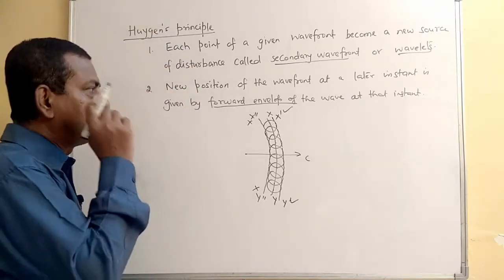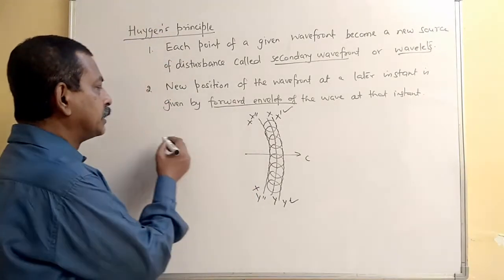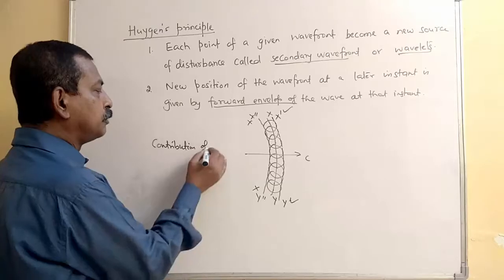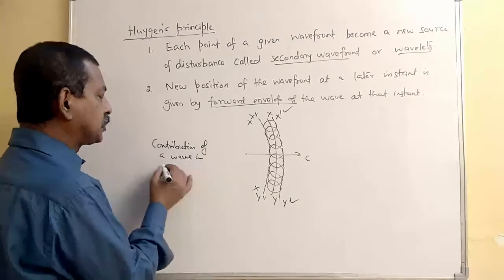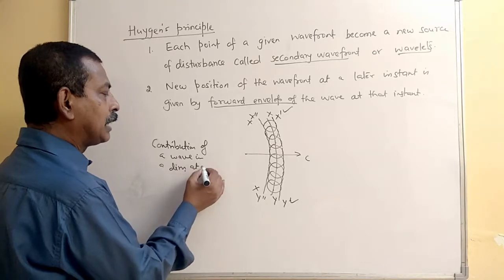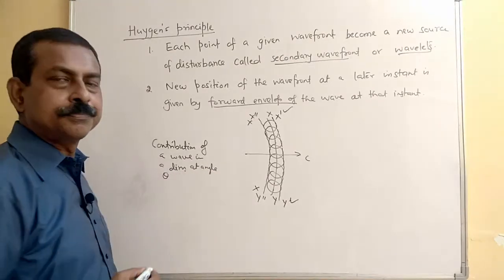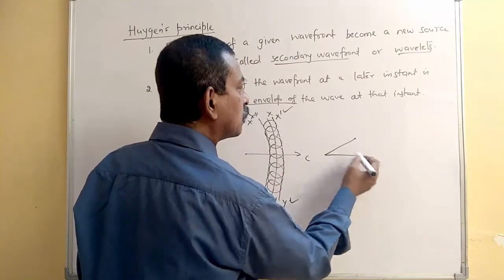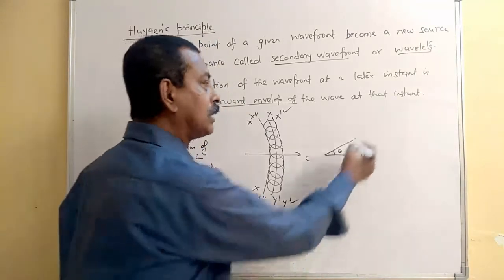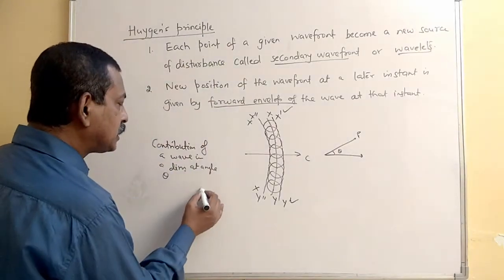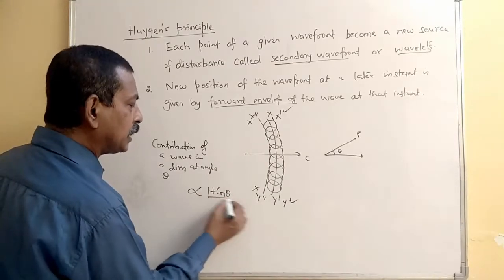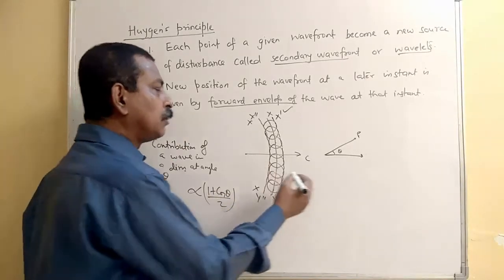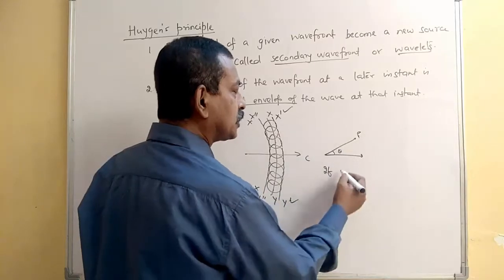There is one derivation, and the result is that the contribution of a wave in a direction at angle theta, like if the wave is propagating in this direction and I want to know its contribution at an angle theta at the point P, is proportional to (1 plus cos theta) by 2. So if you consider that the wave is propagating in a particular direction and theta is 0.